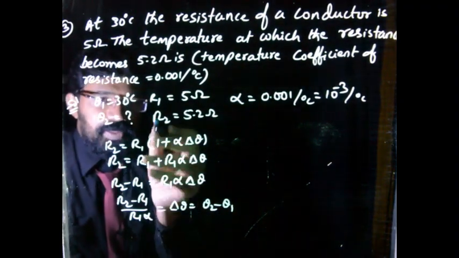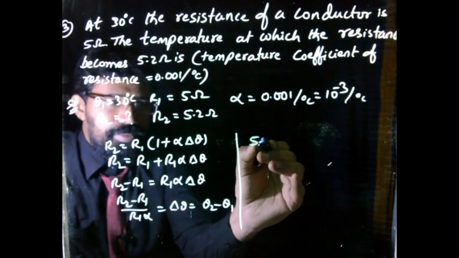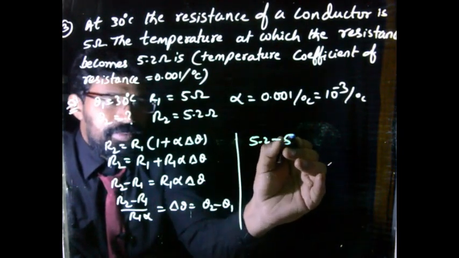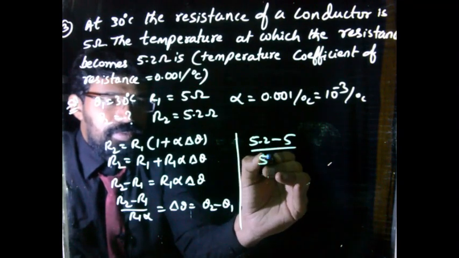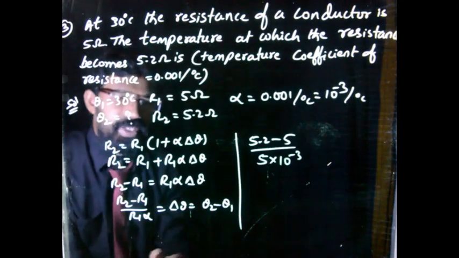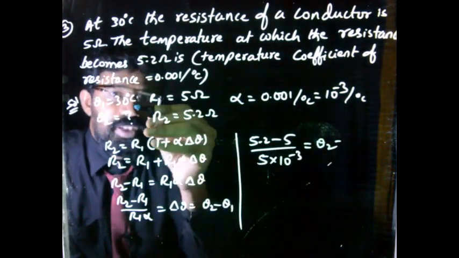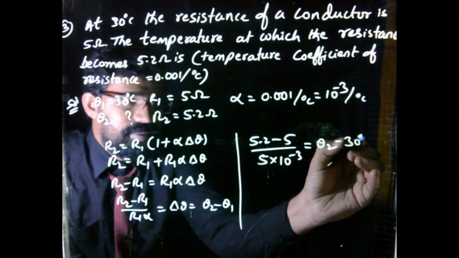So let me substitute all the given data here. What is the given data? R2 is given as 5.2 minus R1, 5, divided by R1, 5, into alpha, how much? Alpha is 10 power minus 3. This is equal to theta 2 minus theta 1, which is 30 degrees Celsius.